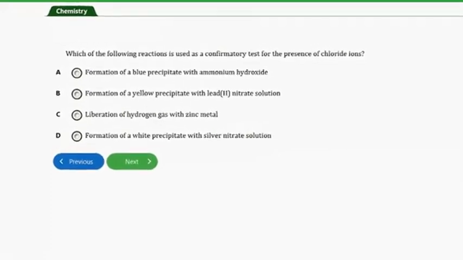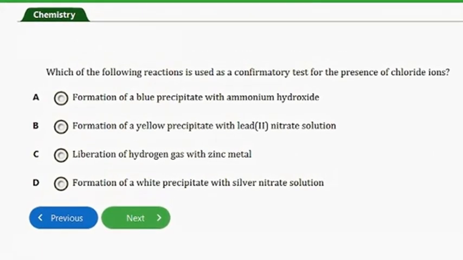So let's consider the next question. Question number 4. It says, which of the following reactions is used as a confirmatory test for the presence of chloride ions? A, formation of a blue precipitate with ammonium hydroxide. B, formation of a yellow precipitate with lead 2 nitrate solution.